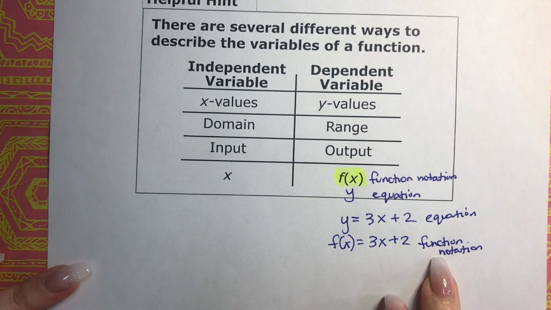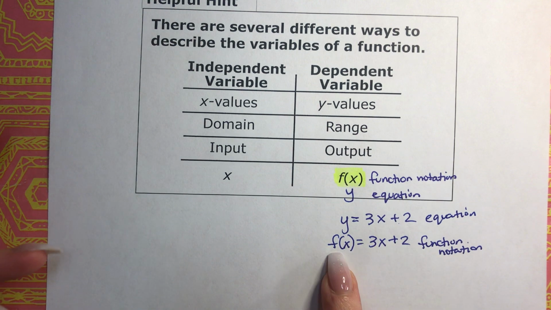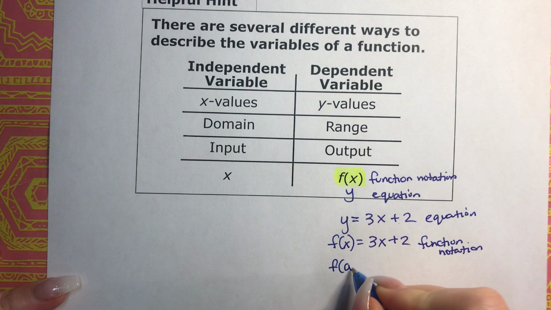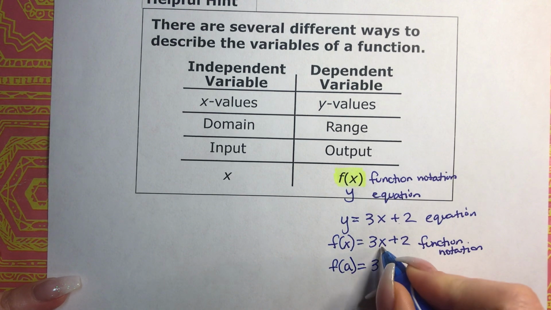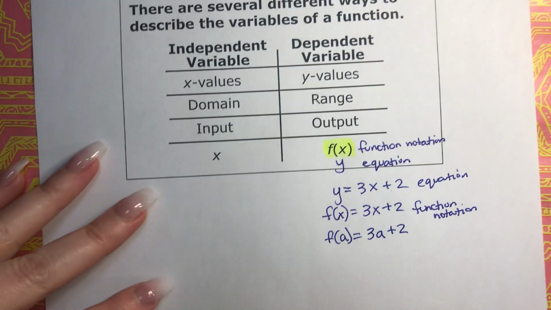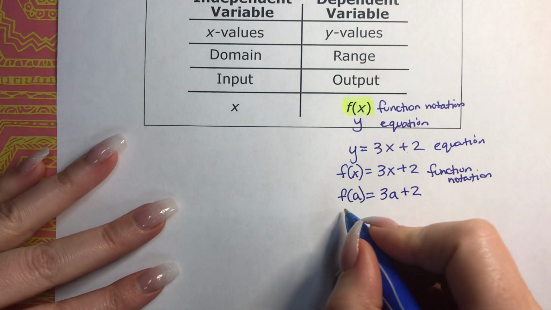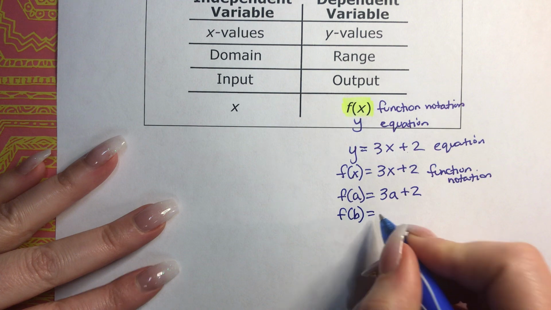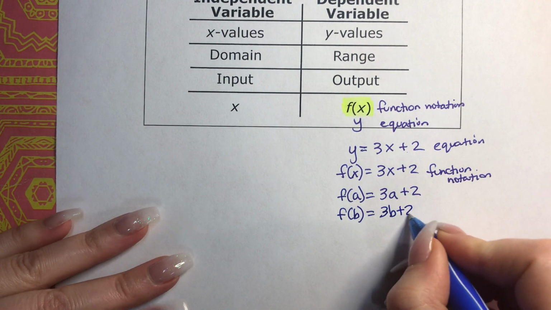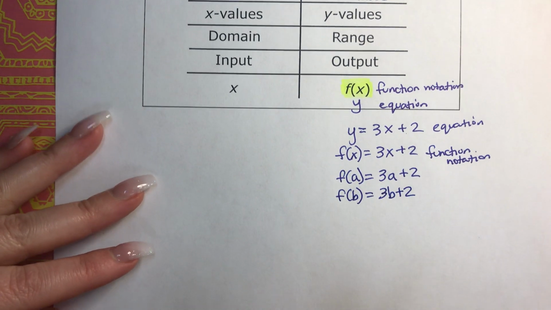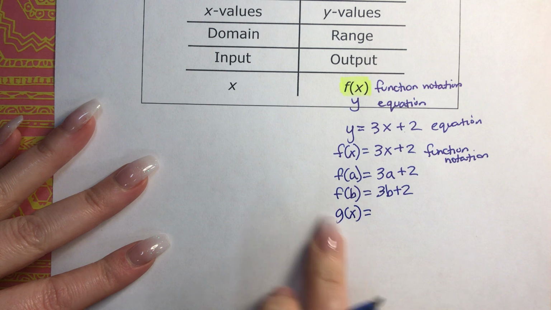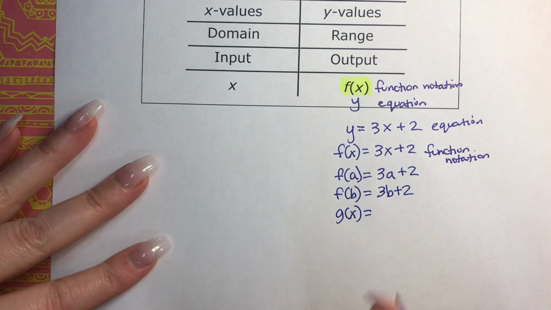Now the cool thing about function notation is you can really change it up. I could call it f of a, and then this x would be an a, and that would be the same thing, all right? Or f of b. It really doesn't matter. Usually the standard is f of x, but this would be the same thing. Or you could do something like g of x. G of x is the same thing as f of x, which is the same thing as y.